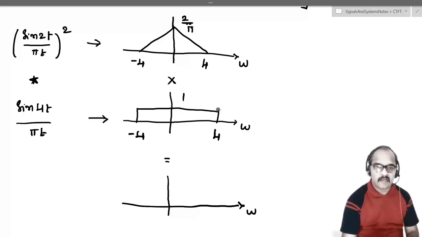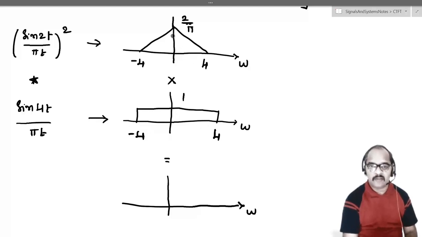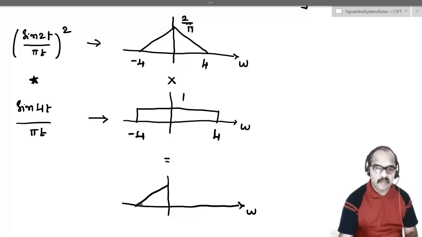This is a rectangular function of amplitude 1. So 1 multiplied with the triangle, both of the same width, and hence there won't be any change. So 1 multiplied with this triangle would be again the same triangle, from -4 to +4 with amplitude 2 by pi.